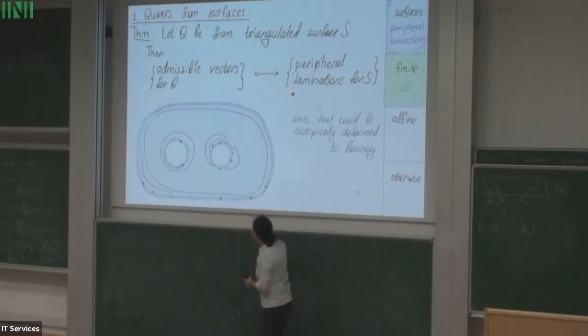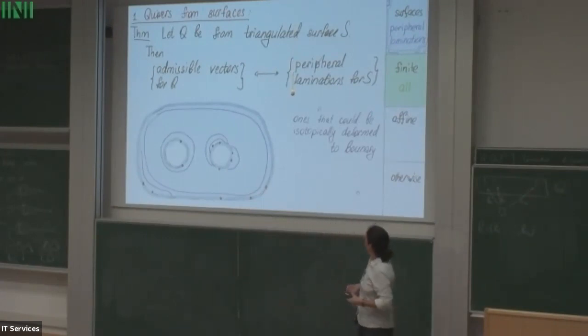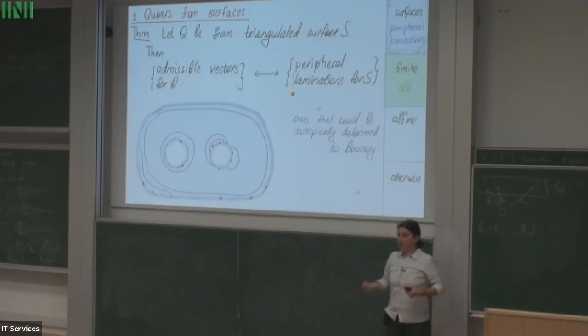Like my blue curves here can be pushed to the boundary so that the surface is free. And I claim that admissible vectors are in one-to-one correspondence to such laminations.